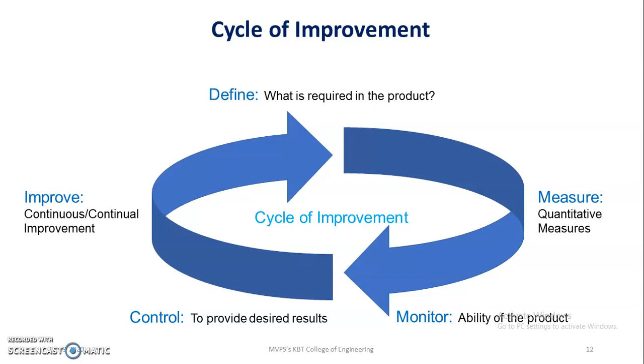The next stage of the cycle of improvement is monitor. The ability of the product to satisfy customer expectation defines the quality of a product.